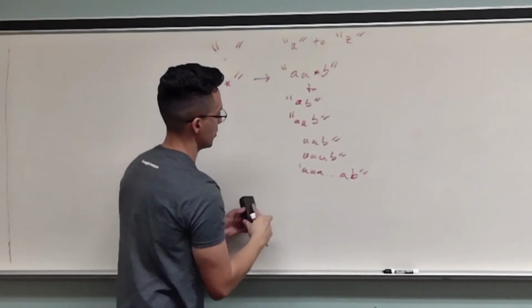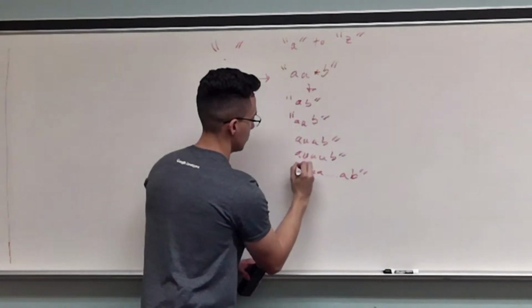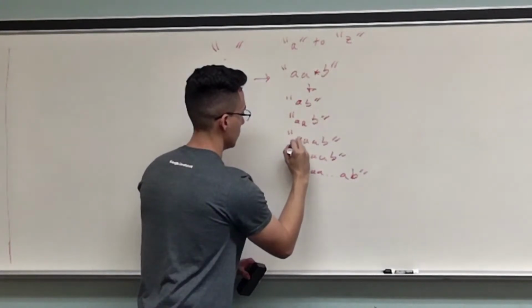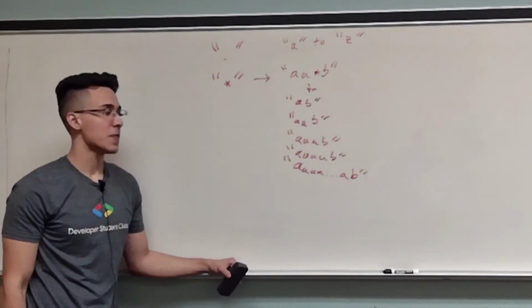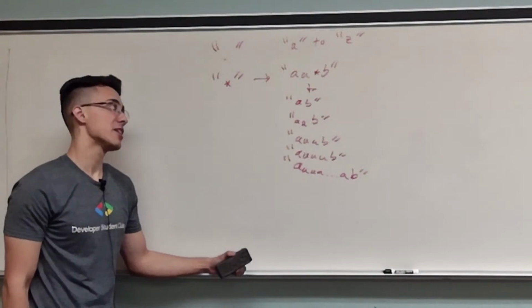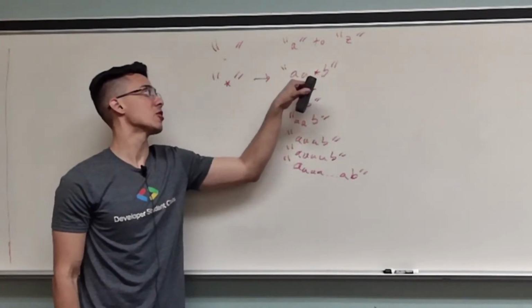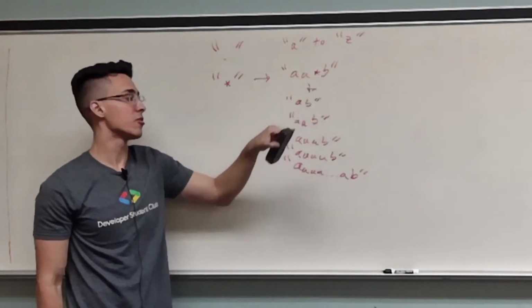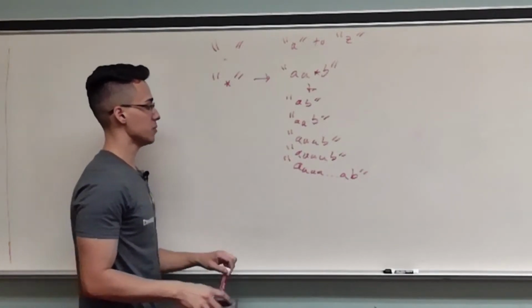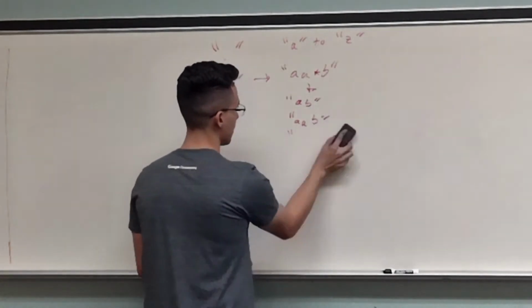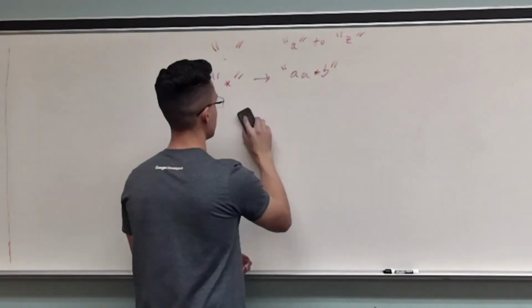I'm just going to put it for each and all. Okay? So the A has to be at the beginning and at the end, and in between the A and the B, there could be any number of A's, no A's, or 100 A's. All right? So that's the rule that we play by for regular expression matching.